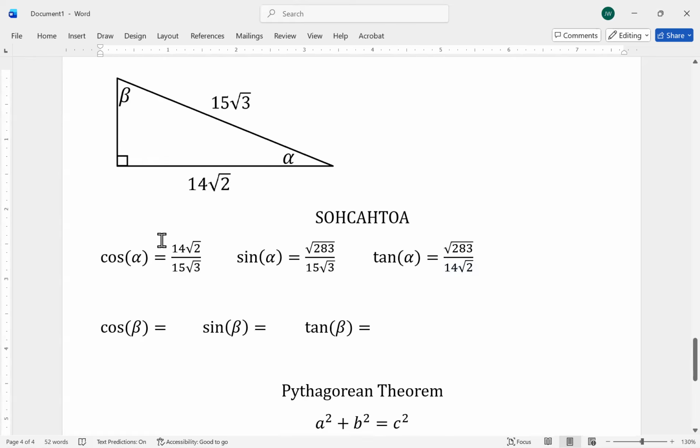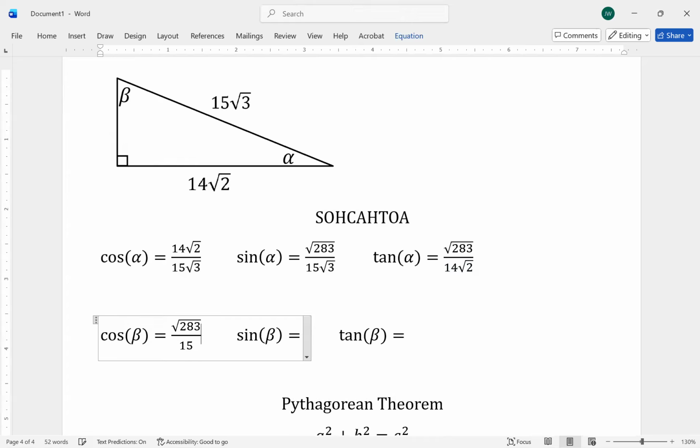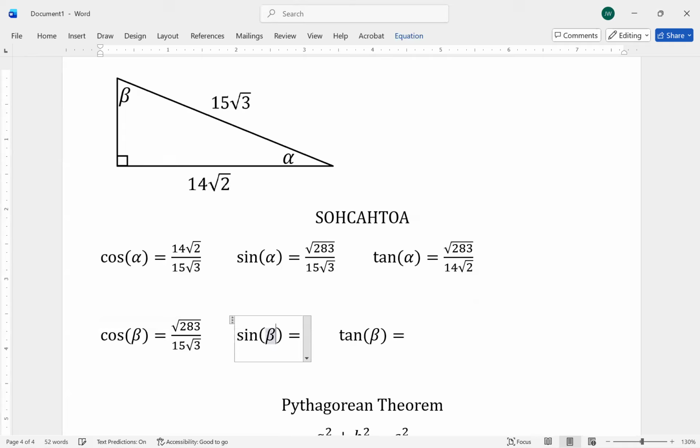And then for beta, it's going to work very, very similarly. Cosine of beta, again, the CAH part of SOHCAHTOA. Cosine of beta is adjacent over hypotenuse. Adjacent is square root of 283 over the hypotenuse, which is length 15 times the square root of 3. Sine is opposite of beta.